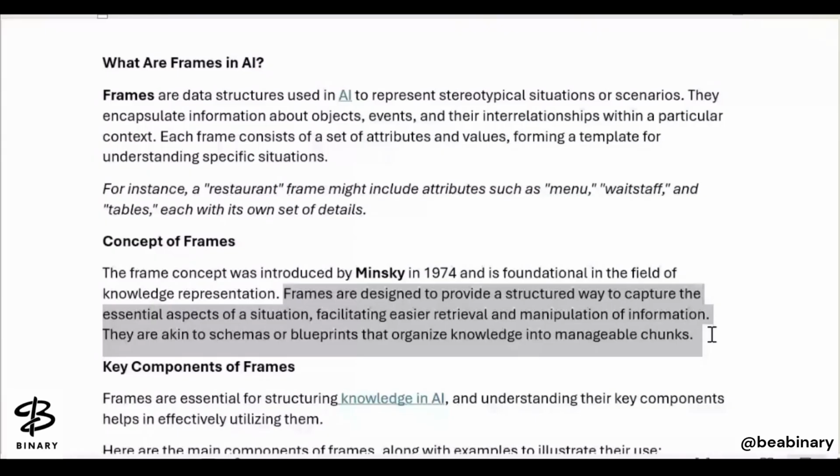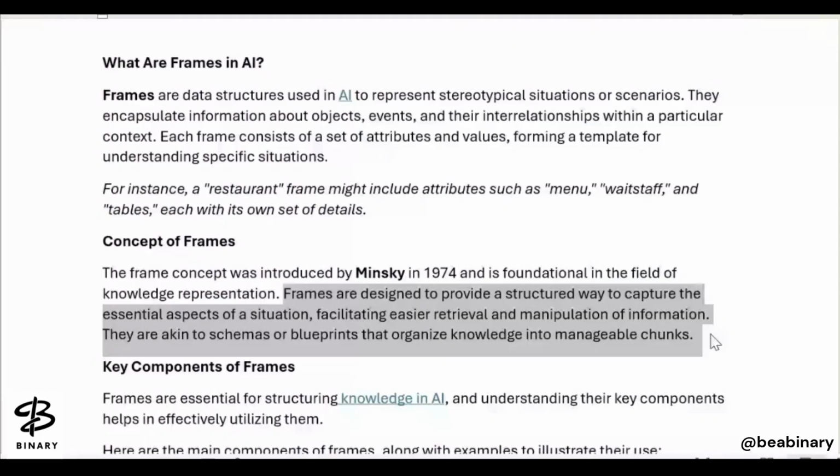They are a kind of schemas or blueprints that organize knowledge into manageable chunks which can be easily managed. We are not talking about the detailed version here, so the complexity, which was the limitation, has been reduced.